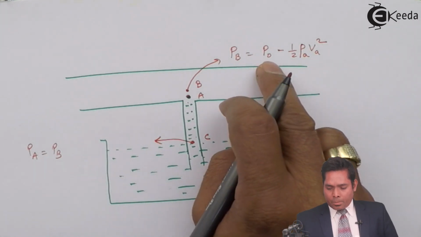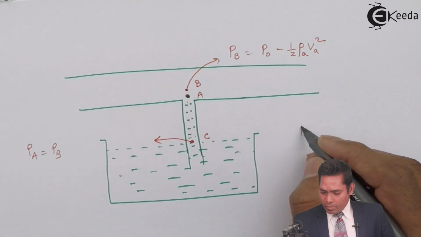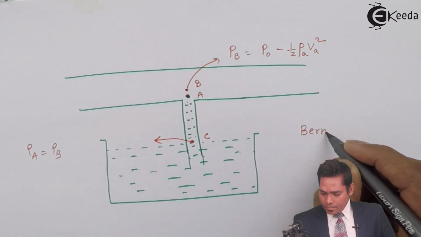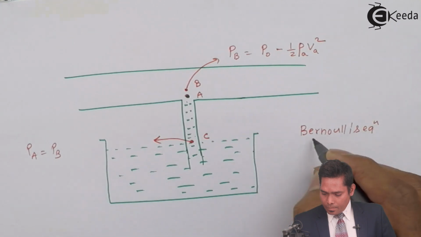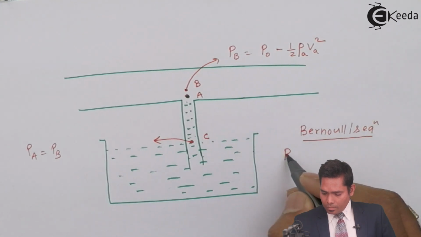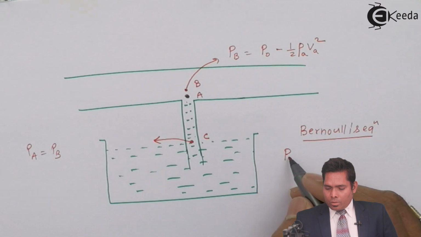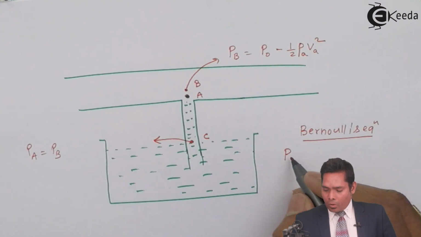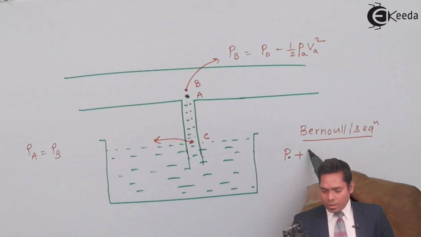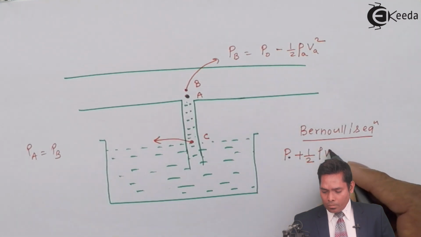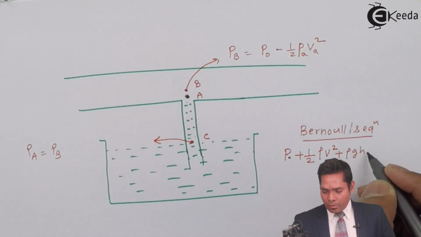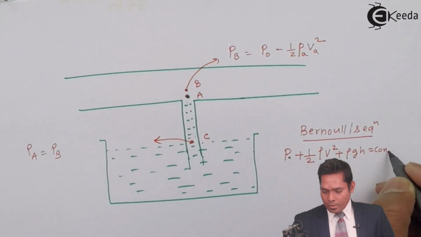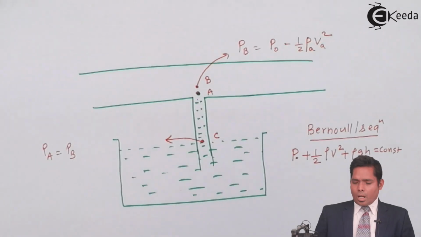Bernoulli's equation says the pressure energy per unit volume plus the kinetic energy per unit volume plus the potential energy per unit volume is constant.